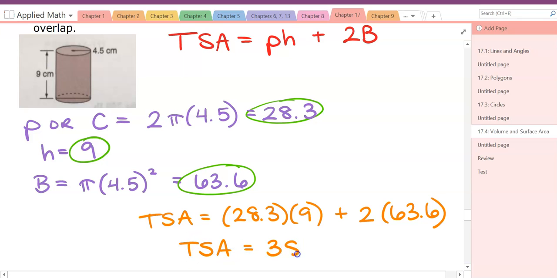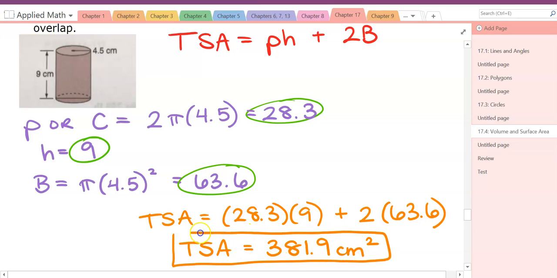So we get 381.9 if I round it there. That's what it comes out to be on my calculator. And so then I would label this centimeters squared. Do you guys have questions on how I got those little pieces? Okay, let's do the next one here.